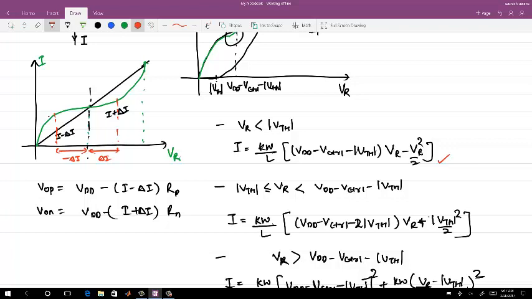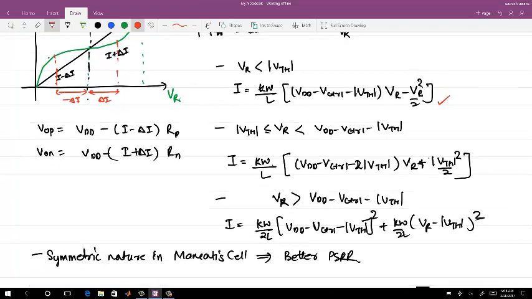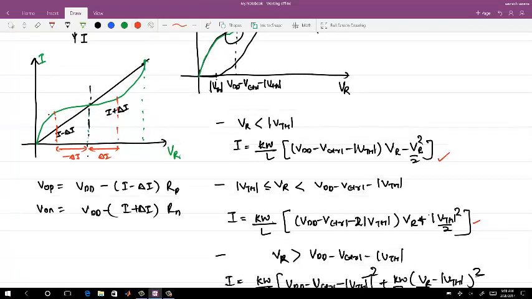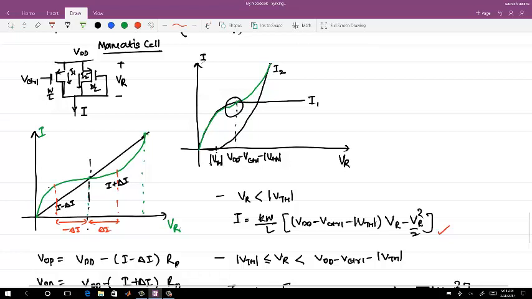We approximate it to a linear region when we consider that VR is very much smaller than the other part. This one is an upward parabola, and the linear region is only in between, which I basically amplified here.